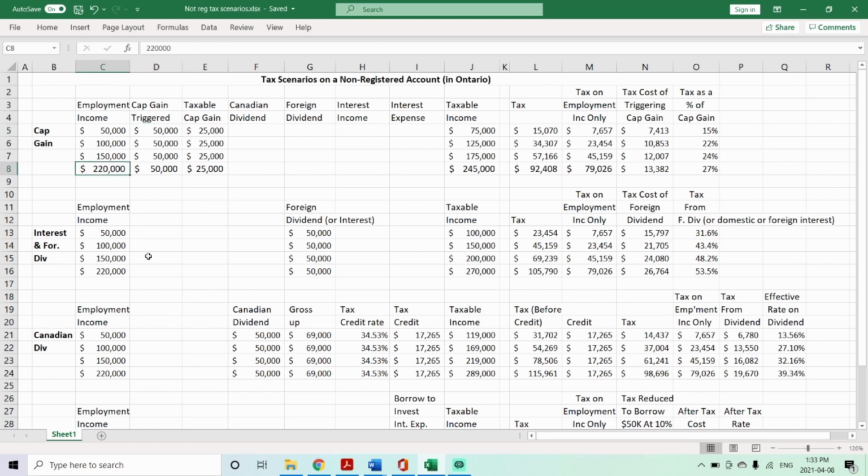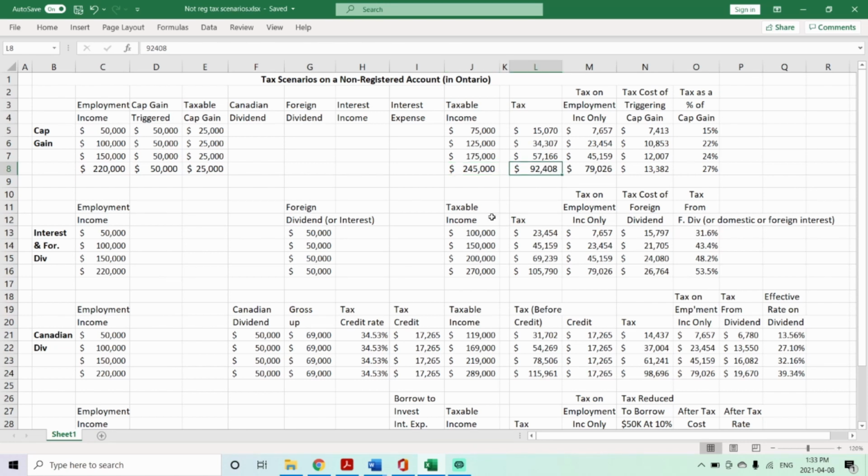So let's look at the top marginal tax bracket. In Ontario, the top marginal tax bracket starts at $220,001. So again, here's the scenario. We trigger a capital gain of $50,000. The taxable capital gain is $25,000. That boosts our taxable income to $245,000.